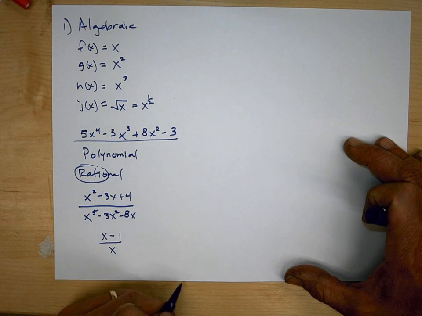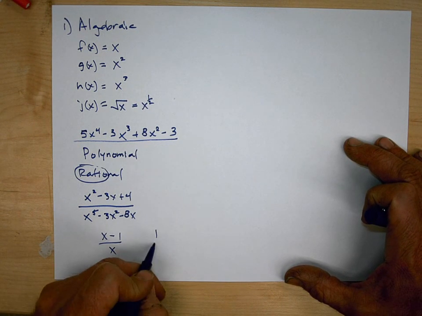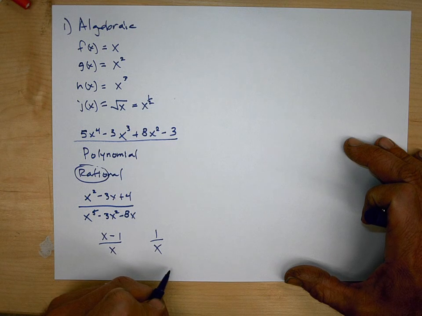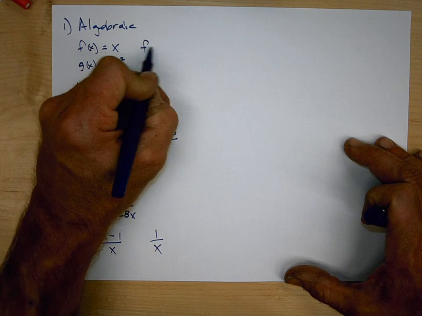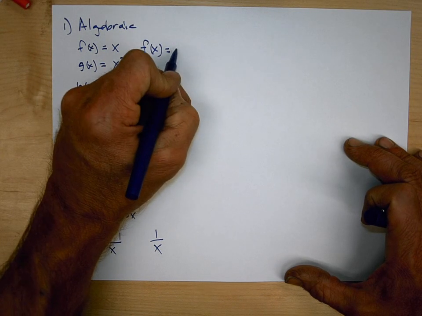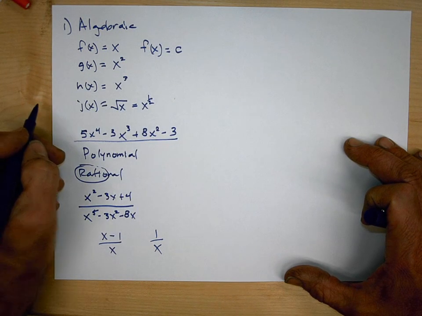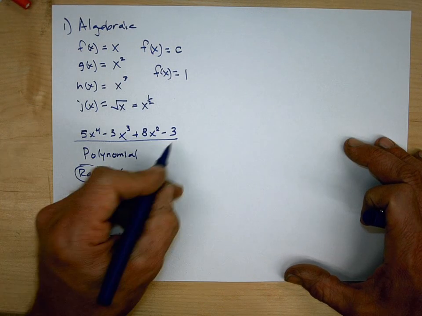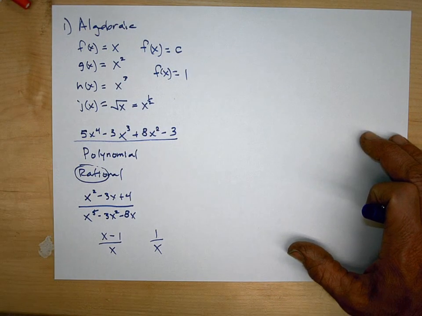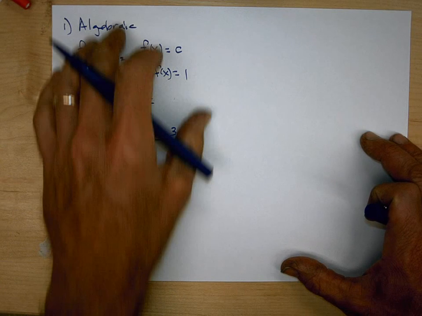It could even be as simple as 1 over x. I guess I should add to this the constant function. So if I have something like f of x equals c, where c is a constant, for example, f of x equals 1, it's just a horizontal line at y equals 1. These are all considered algebraic functions.